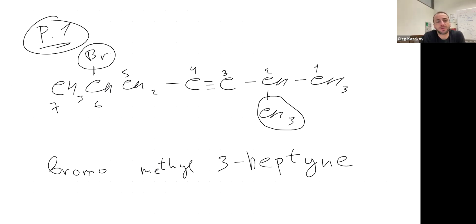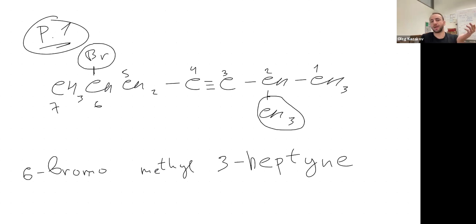So carbon number 6 will contain bromine. On carbon number 6, we'll have our bromo group. That's how the name of the bromine changes in this kind of nomenclature. So 6-bromo will be part of the name.